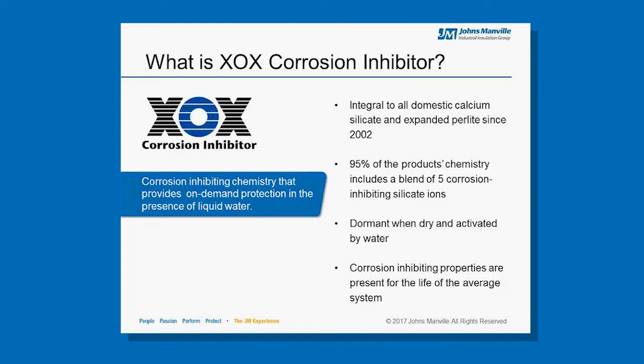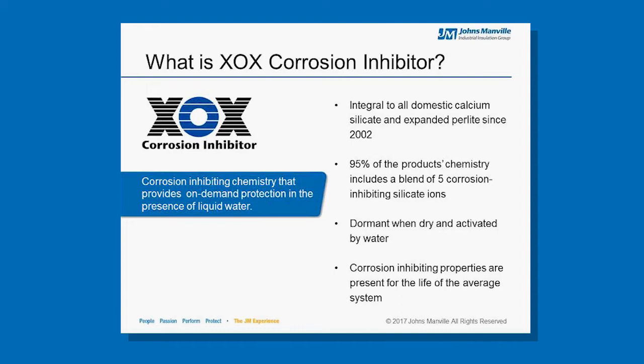So XOX is integral to the formulation of Thermo 1200. It's also integral to Thermo 12 Gold, the predecessor to Thermo 1200. 95% of the chemistry of the product is 5 corrosion inhibiting silicate ions. What those ions do, they do two things. The first, they provide a buffering agent in order to neutralize acids that are collected in water that are next to the pipe.